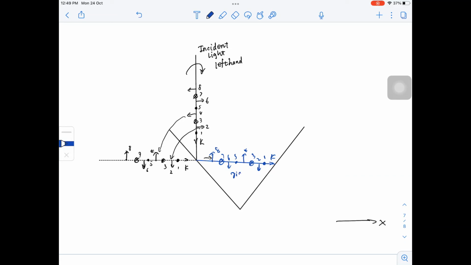A right hand polarized light. Okay, now this light will be bounced off the second mirror, which is this mirror. I call it second one. This is the first mirror.